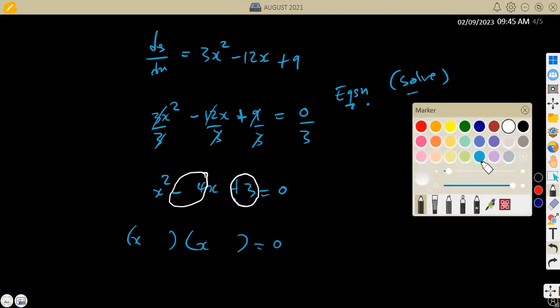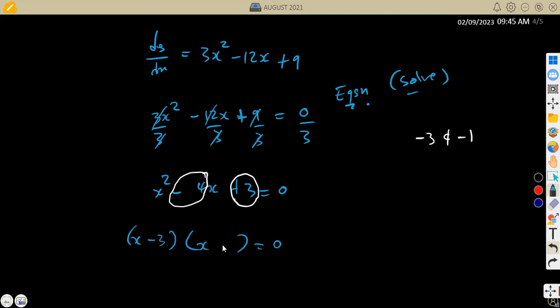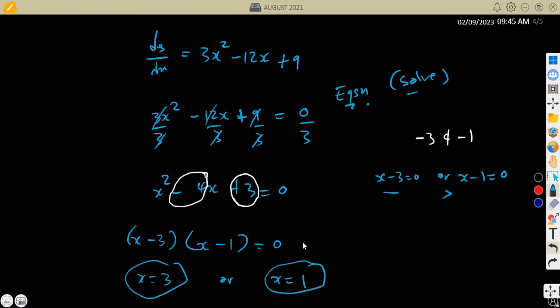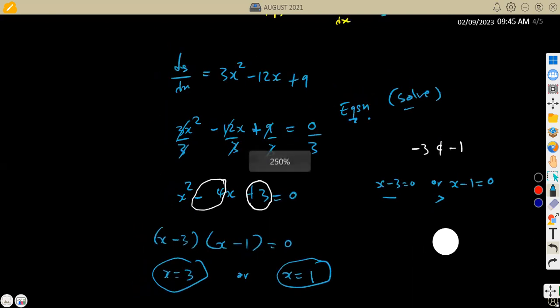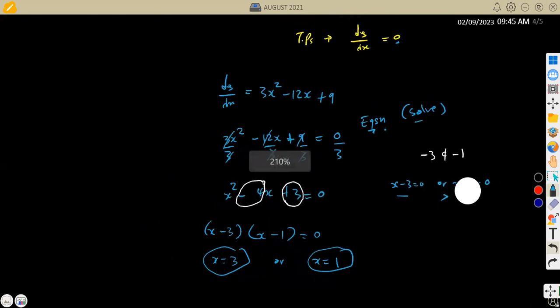So these are the factors we are going to use: negative 3, negative 1. From the zero concept, x minus 3 is equal to 0, or x minus 1 is equal to 0. Then we obtain the values of x, which are 3 or 1. So what you need now is to find the exact points, because these are the values of x at the turning points.